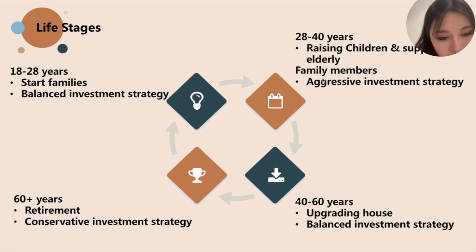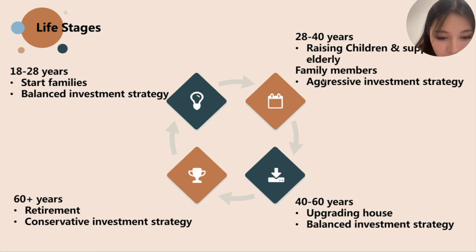Clients aged 28 to 40 who face significant financial responsibilities such as raising children and supporting family members should adopt an aggressive investment strategy. Focusing on equities and growth stocks can capitalize on long-term growth, potentially meeting their higher expenses.